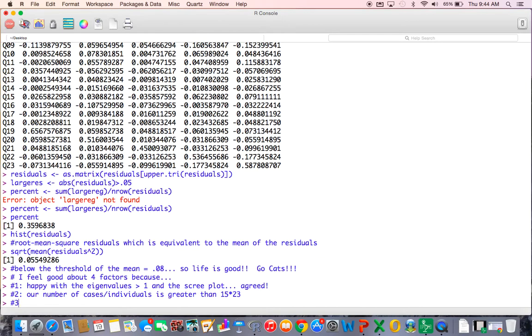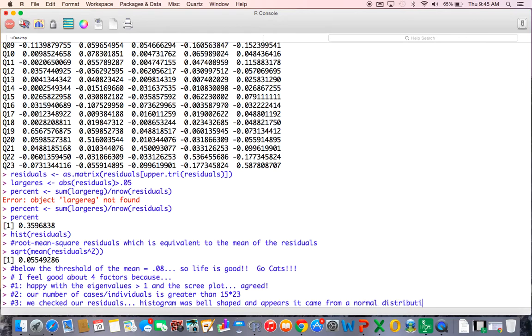The third thing, we checked our residuals and found out a couple things. The histogram was bell-shaped, and it appears it came from a normal distribution.